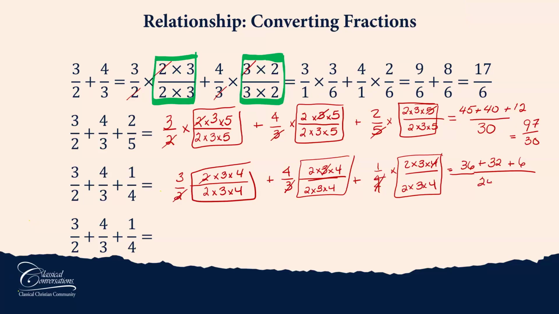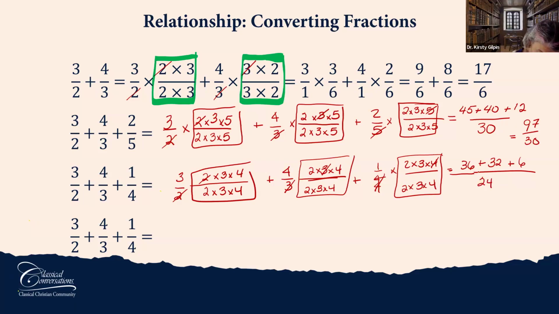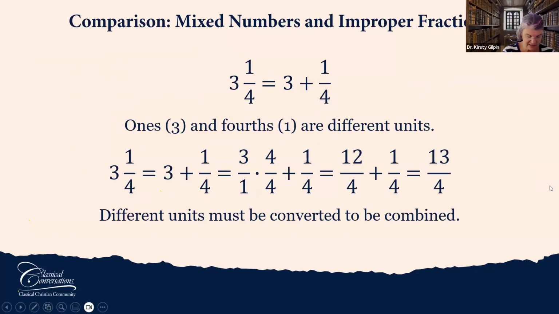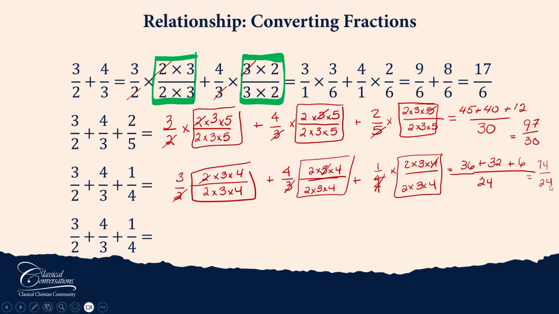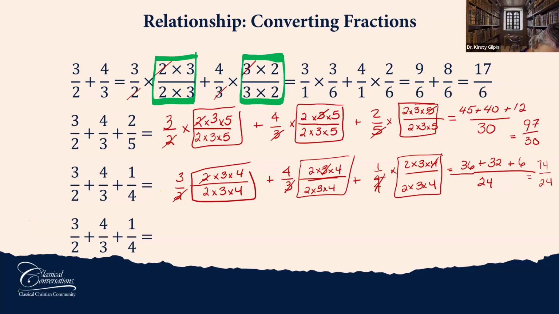Now, if I sum this, I end up with 68 plus 6 is 74 24ths. Can I simplify 74 24ths? Yes. I can simplify that to 37 twelfths.